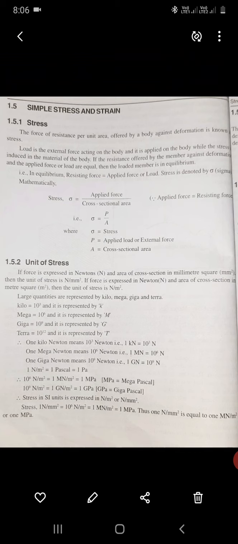Then the unit of stress is force by area, so it is Newton per square millimeter. Similarly, if the force applied is in newtons and the area is in square meters, then the unit of stress is Newton per square meter.